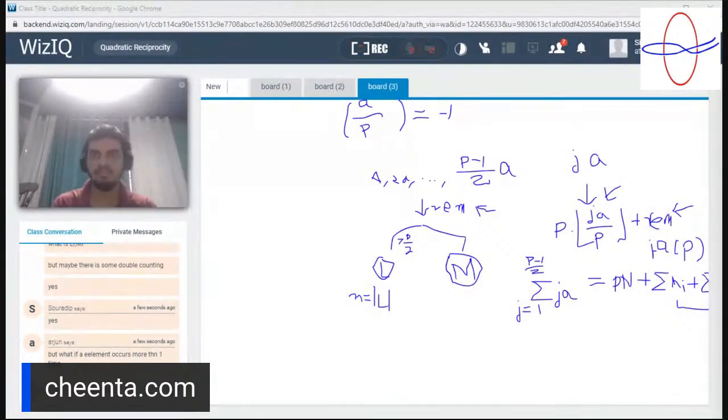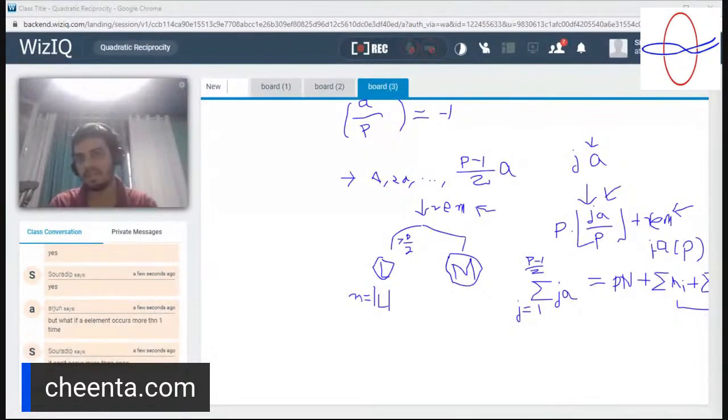how can an element occur more than one time? We're looking at exactly these numbers here. We looked at them as ja, which is exactly what they were. Then we wrote that as p times ja by p plus remainder, and then we summed it all out.